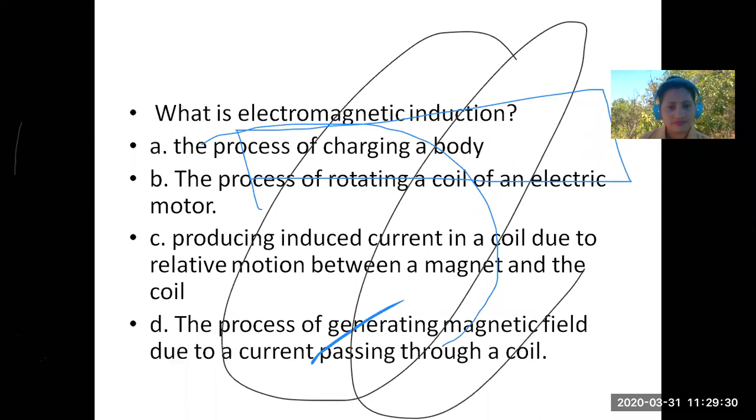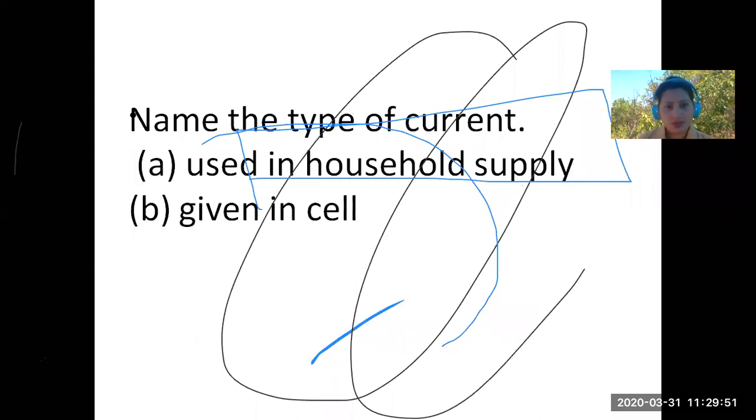D is producing a magnetic field, whereas C is producing current. So C is the correct option. And the last question. AC and DC. First one is AC. Very good. And DC.